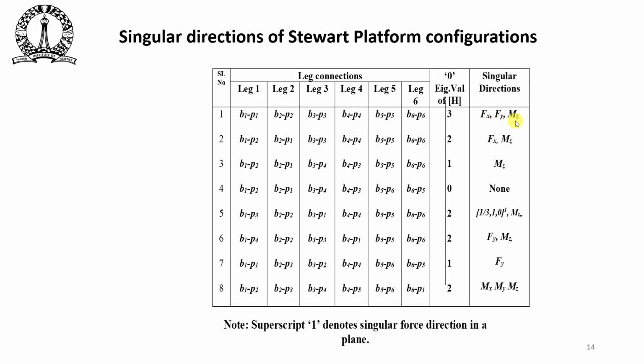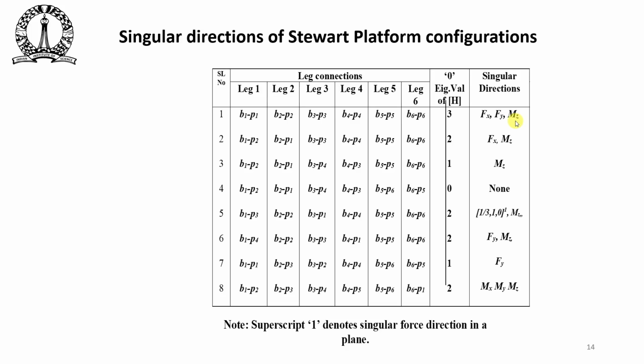So what does it mean? That if I apply a force along Fx, Fy or a moment along Mz, it cannot be resisted. Remember the H transformation matrix we had discussed in parallel robots. It shows you the directions in which the force cannot be resisted.